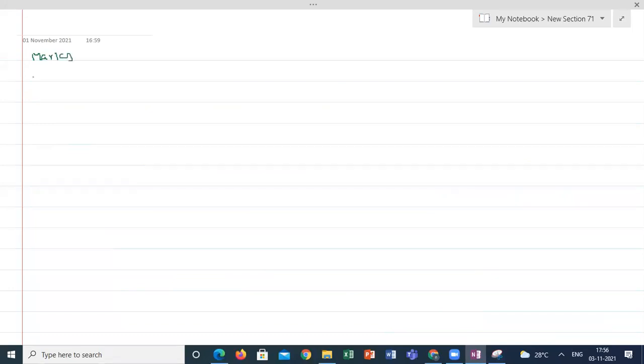Marks 0 to 10, 10 to 20, 20 to 30, 30 to 40, 40 to 50, 50 to 60, and the frequency distribution: 0 to 10 there are 6 students, 8 students here, 14 students here, 16 students here, and 4 students and 2 students.